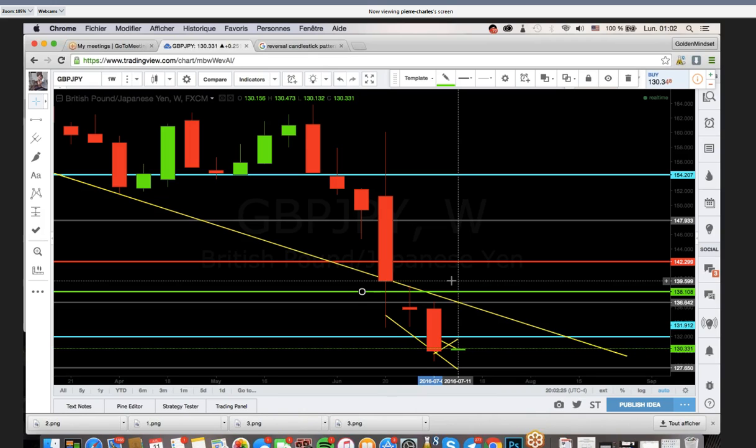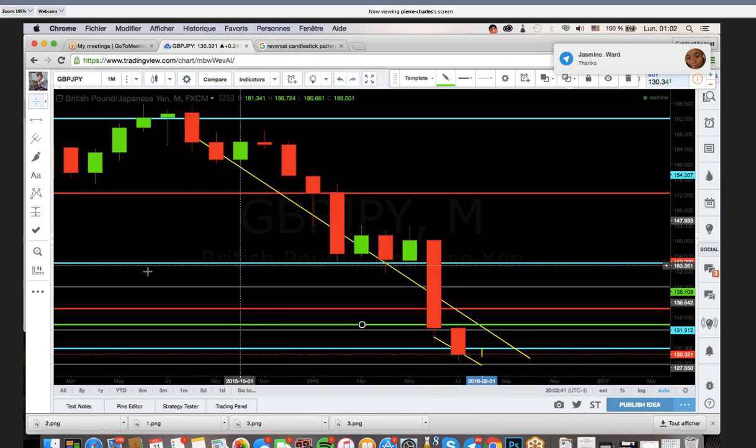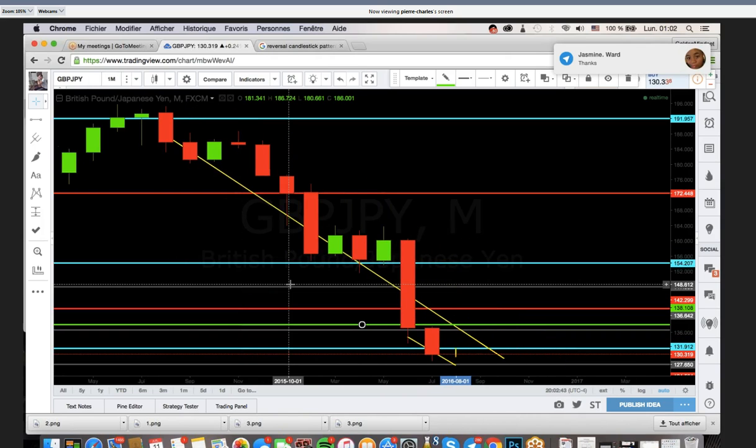And if I have 1 huge bullish candle, I'm going to have probably 2 more bullish candles minimum. Now we're at half month, meaning my next month, look, now we're there.